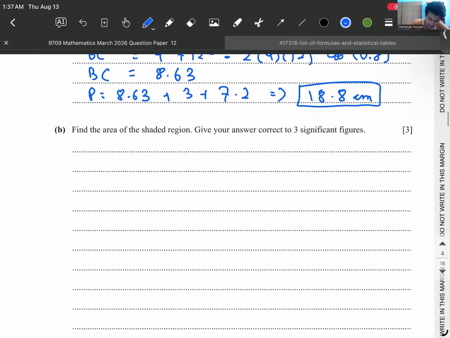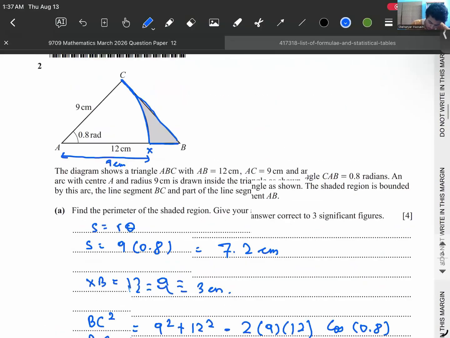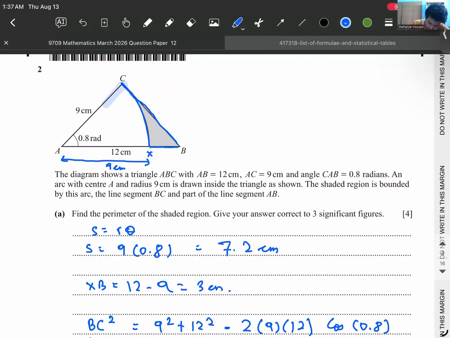The area of the shaded region is just the area of the triangle minus the area of the sector.